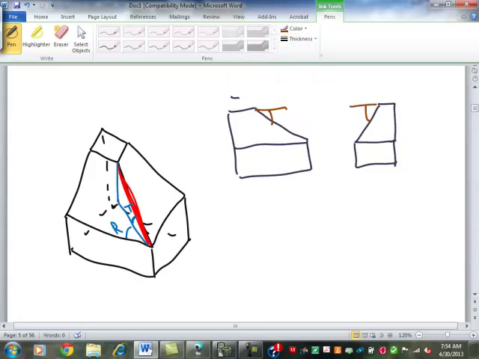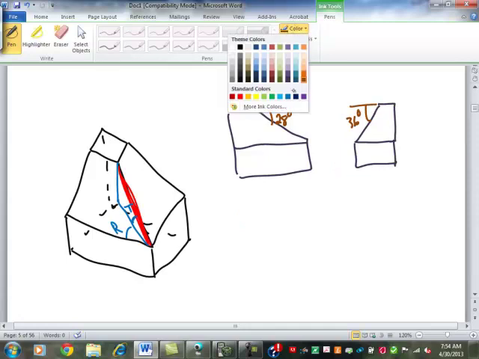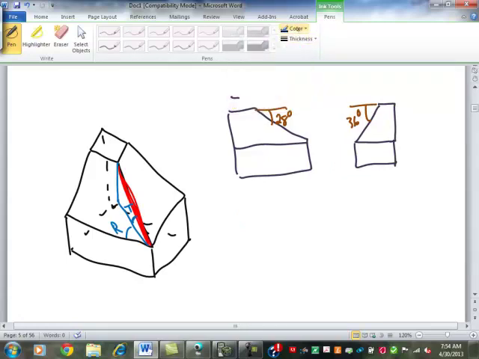So let's say I give you that this angle here is 28 degrees, and this one is 36 degrees. And I want to find those two angles. Well, what I'm going to do is choose my depth here.